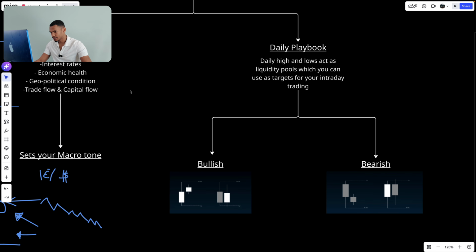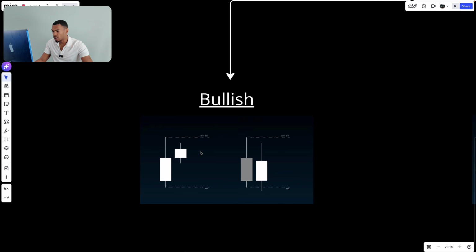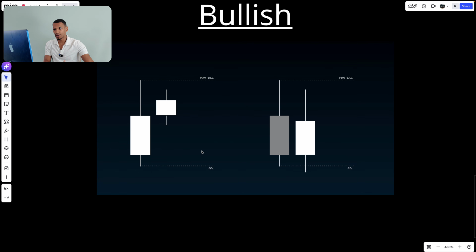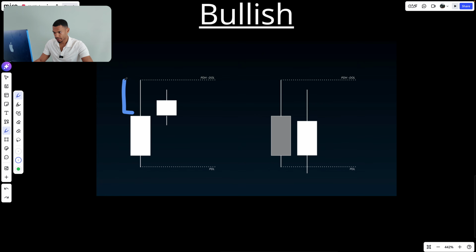So when we are bullish on our higher time frame scenario, as we just covered, right? What we want to be doing is targeting previous daily highs, right? Now there's two ways we can do this. You either get the scenario where price prints bullish, as it does here. The next day trades in between this high and low, but shows more bullish sentiment than bearish, right?